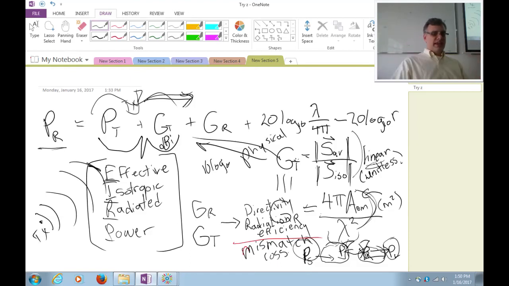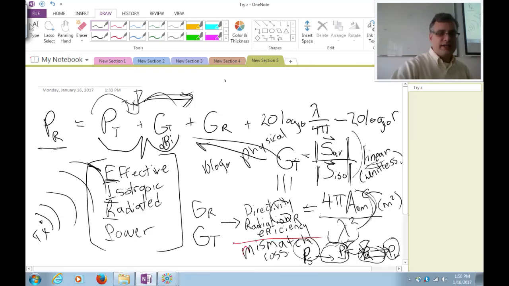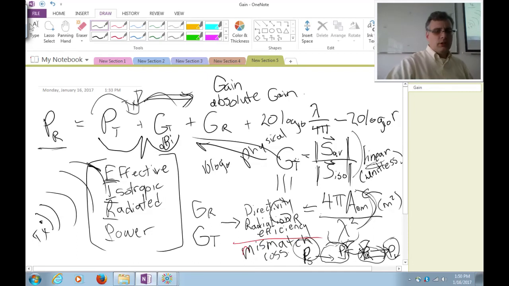Their definition of gain, just pure gain, which they'll just call gain, or sometimes absolute gain, is a definition of gain that includes these two components.